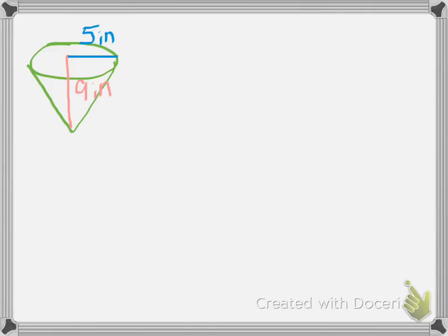I'm sorry, the formula for the volume of a cone. You should have found that the volume equals 1/3 pi times the radius squared times the height of the cone. When we substitute in, go ahead and find the volume, and then we will discuss the answer.